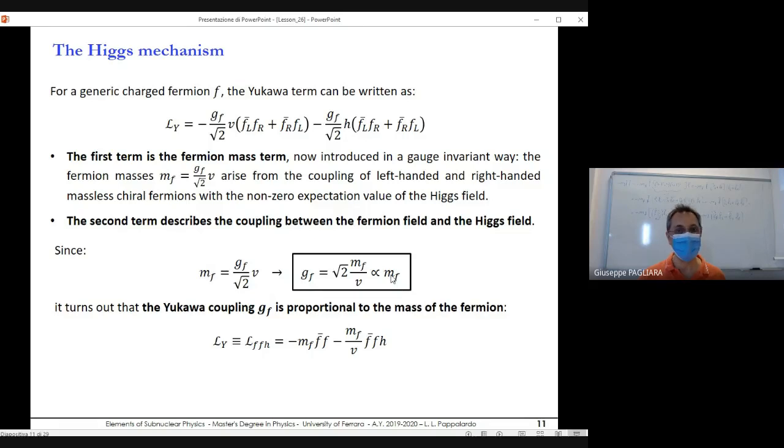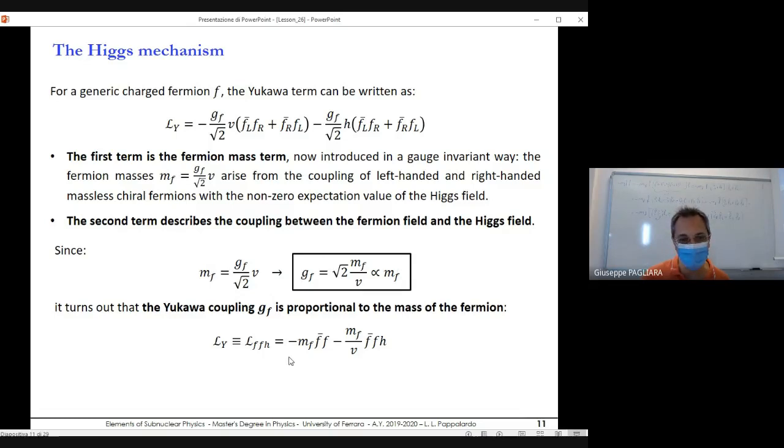So again, heavier fermions interact more intensively with the Higgs boson, lighter fermions less intensively. In other words, the electron, which is a very light particle, has a very, very mild interaction with the Higgs boson. The top quark has a very strong interaction with the Higgs boson, because the coupling is proportional to the mass.